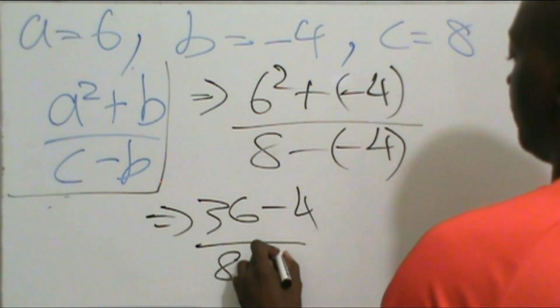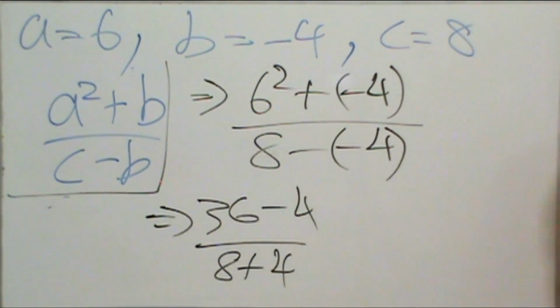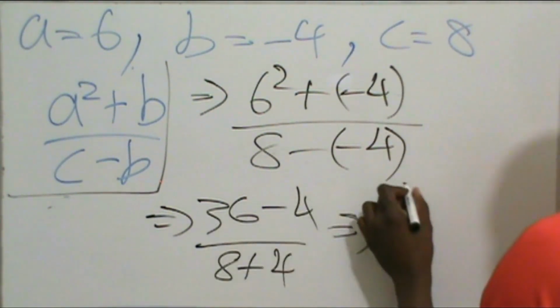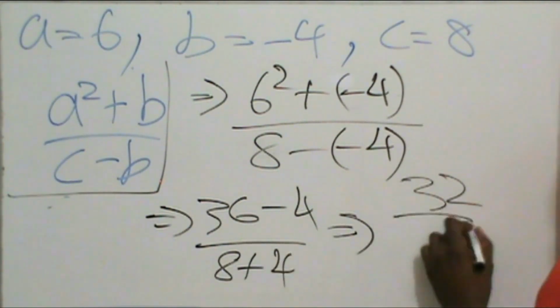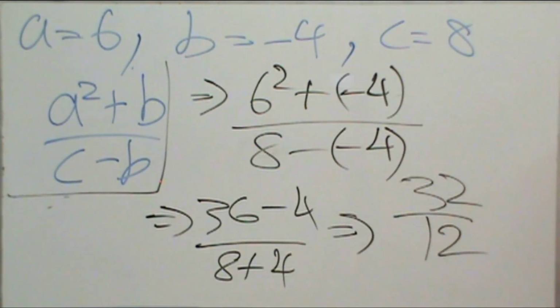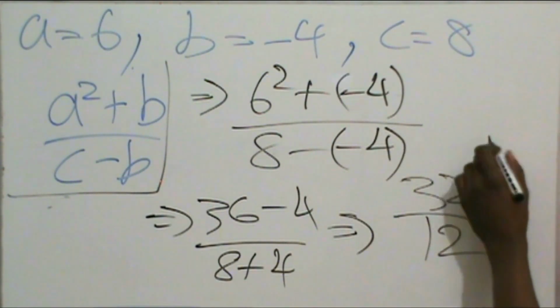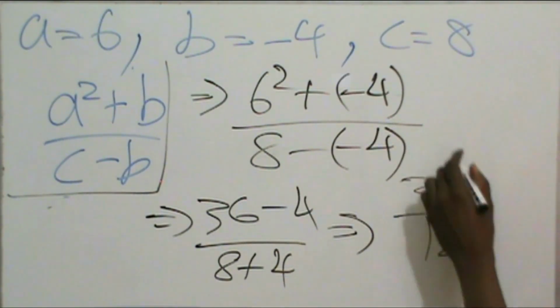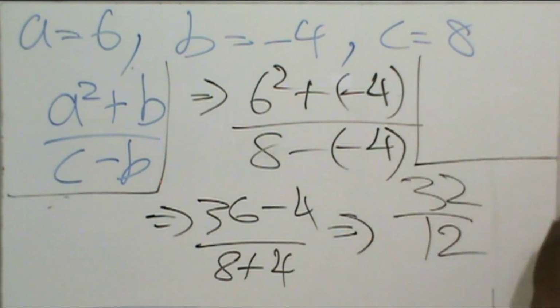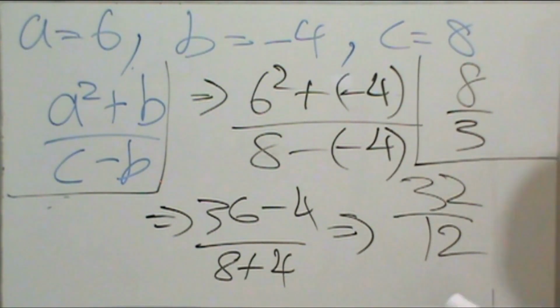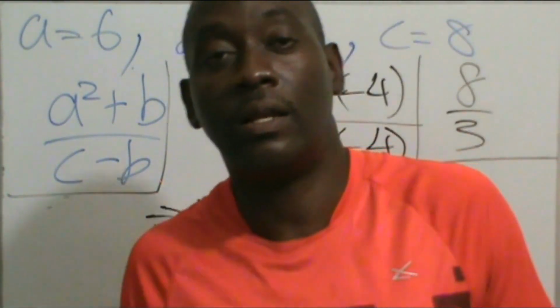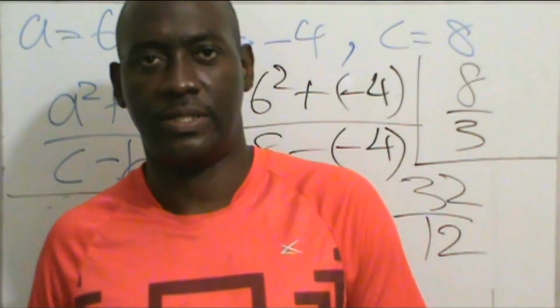We could put 8 plus 4 there just for emphasis. 36 minus 4 is 32. 8 plus 4 is 12. 32 over 12, which when you break it down, you'll get 8 over 3.